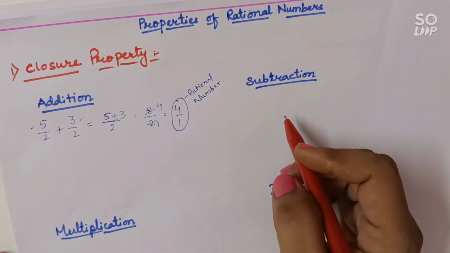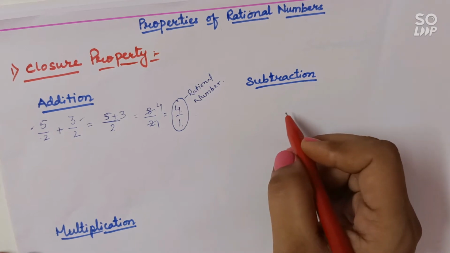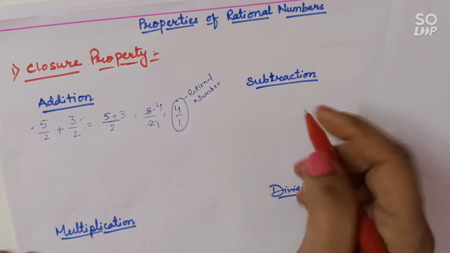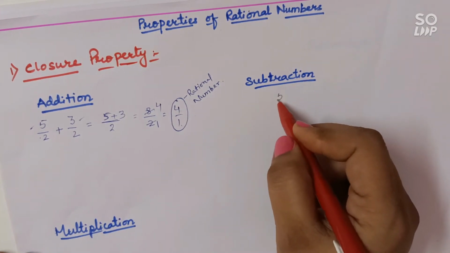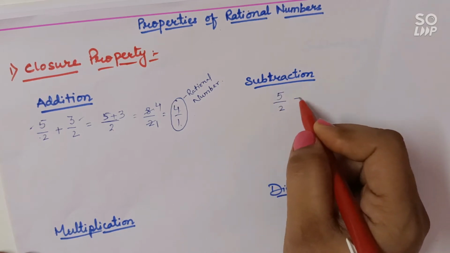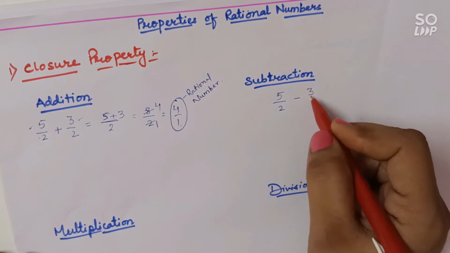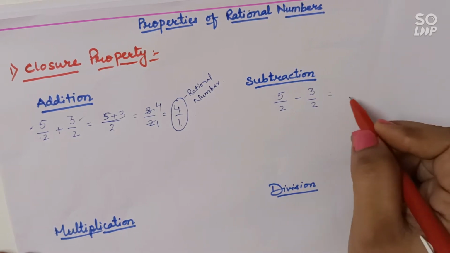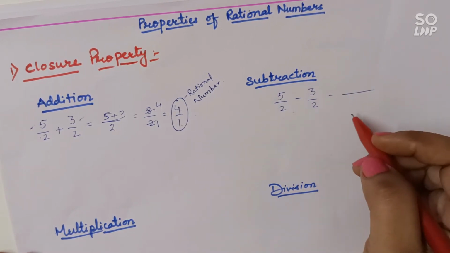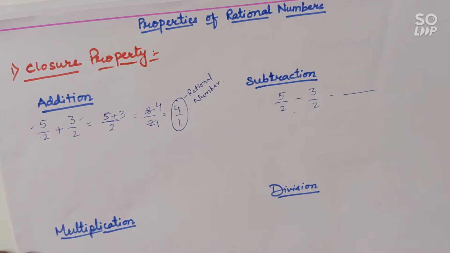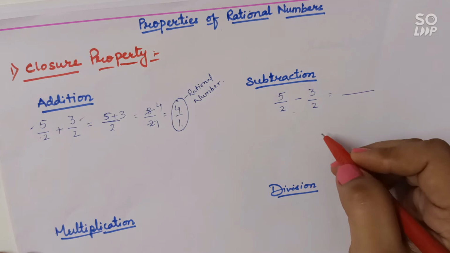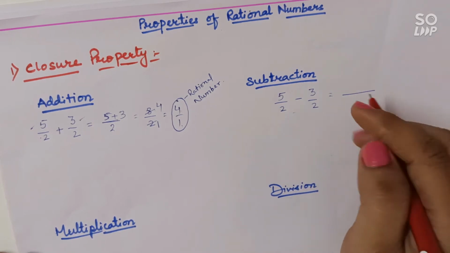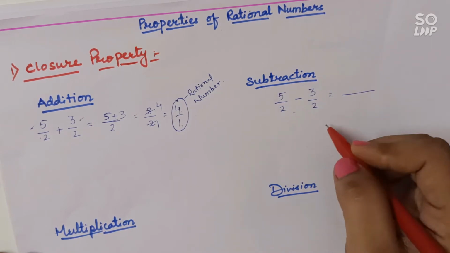Let's check for subtraction. Again, I'll take the same rational numbers, 5/2 minus 3/2. Here again the denominators are same. When the denominators are not the same, I have already uploaded how to do such sums. We have to take the LCM of the denominators and make them equivalent.